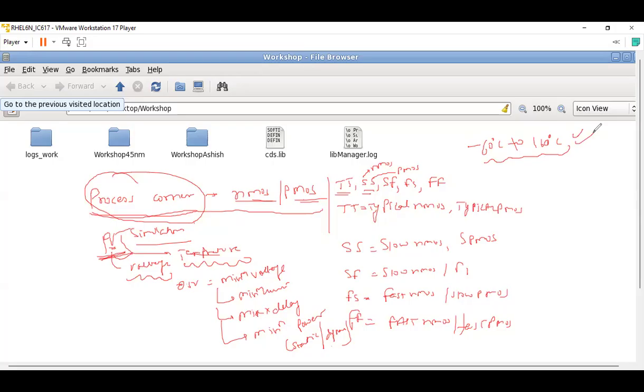For example, if you are going to implement your IC in India, the minimum temperature you will see is in Siachen, somewhere around minus 20 or minus 30 degrees Celsius. So you start testing from minus 50 degrees Celsius.